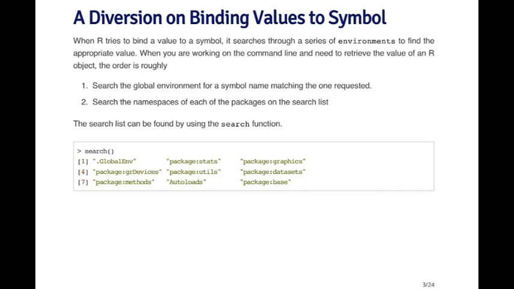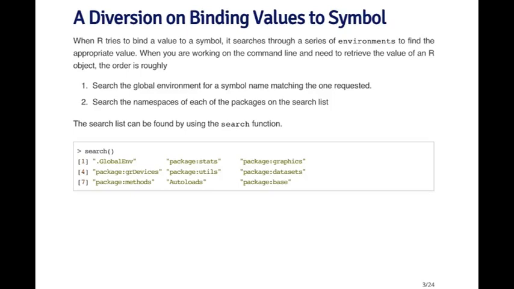If there's no match in the global environment, then R will search the namespaces of each of the packages on the search list. The search list consists of all the R packages that are currently loaded into R. And you'll see that there's an order to the search list. It starts at the first element, which is the global environment. That's always number 1 on the search list.